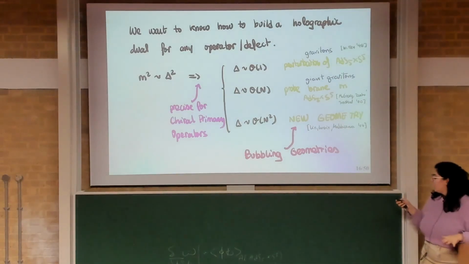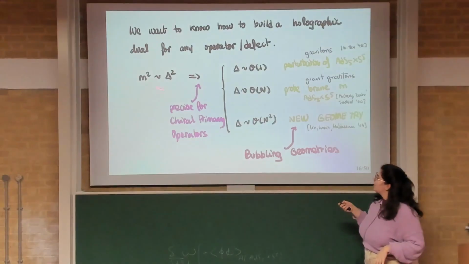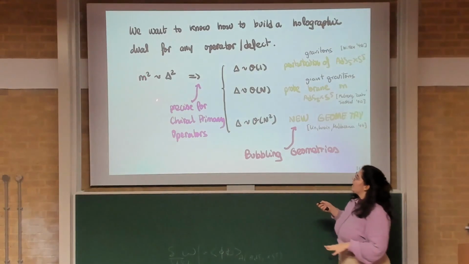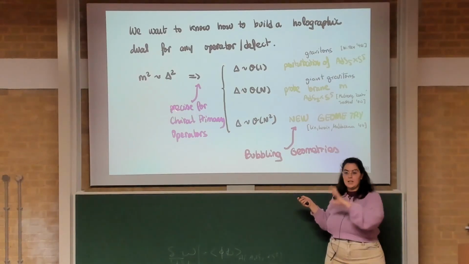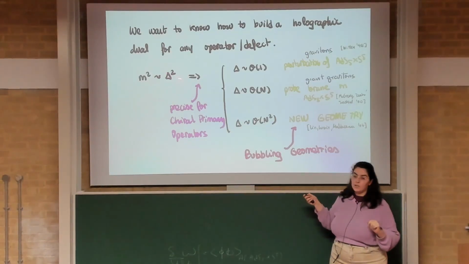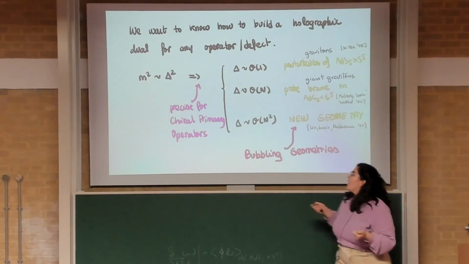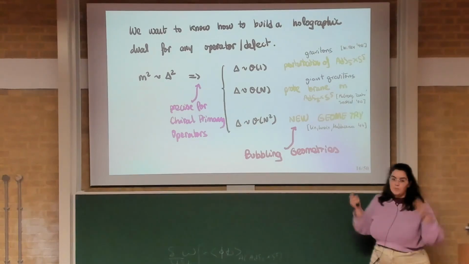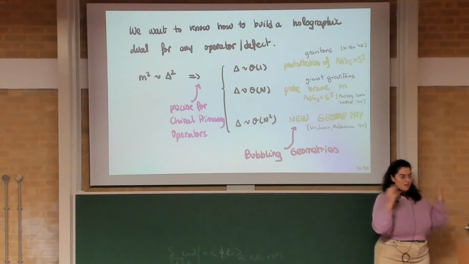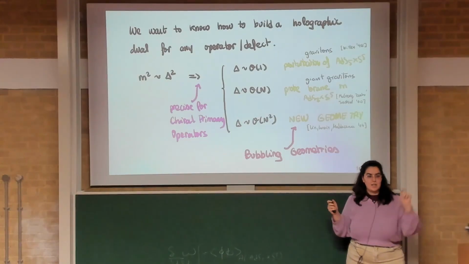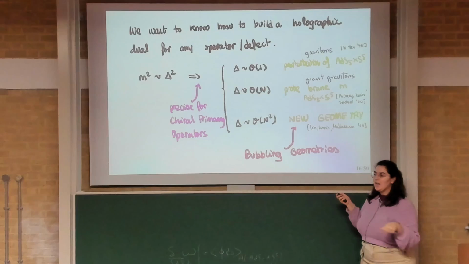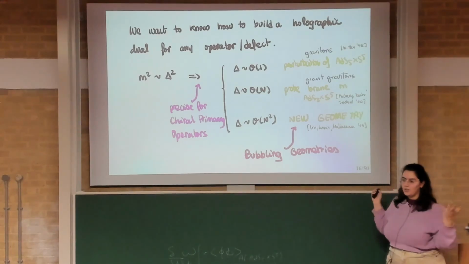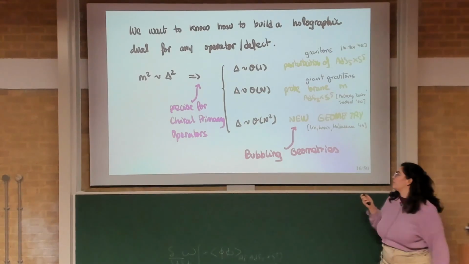And there is a relation, this is for scalar fields, between the mass of the object in the gravity theory and the conformal dimension of the operator in the CFT. And then we can think, from our point of view of studying defects in some theory, that I put some operator into N=4 super Yang-Mills, and I ask myself, what is this going to look like on the other side?